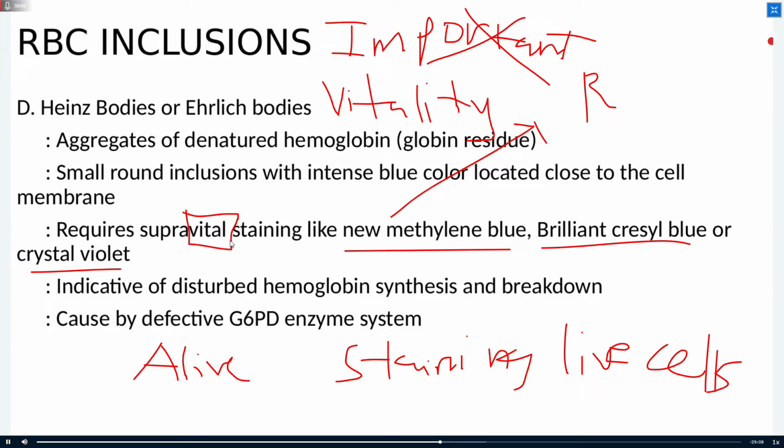Starts with the letter R, class. Okay, so your retics. I will discuss this in the finals.